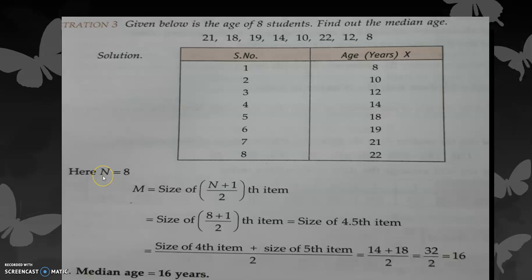Then here n is equal to 8. So the size of median is equal to the size of (n plus 1) by 2th item. Here 8 plus 1 by 2th item, that means the size of 4.5th item. 9 by 2 is equal to 4.5. So here we have to calculate 4.5th item.